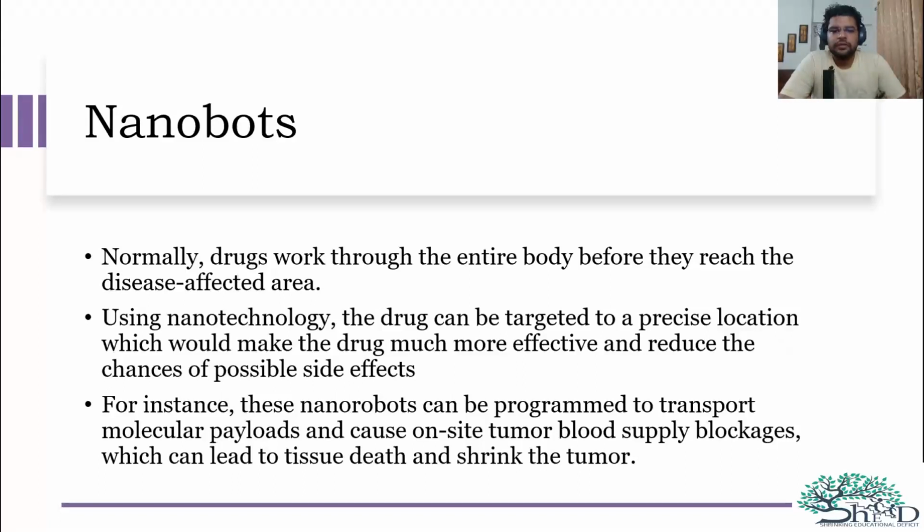For example, nanobots can be programmed to break a blood supply blockage also. They can just directly go into that, let's say, vein or blood vessel, and then shrink the tumor or anything else that is blocking the blood flow. So this can be done directly.